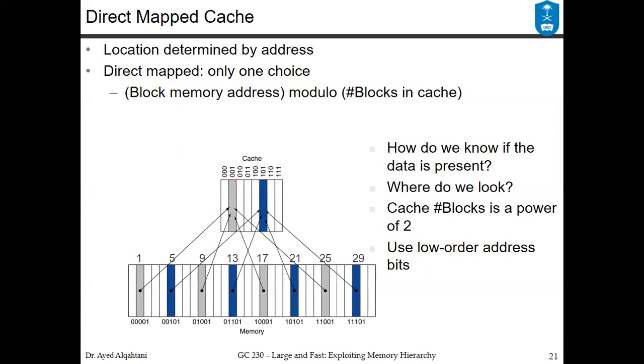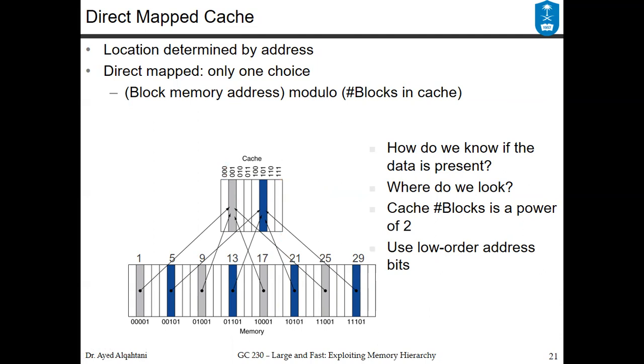If we have a cache with 8 locations from 0 in binary to 7, and we have the memory, which is actually a very small memory, but this is only to understand the idea of the caches, this memory has locations from 0 to 31. So it has 32 locations. So how do the cache and the memory send and receive the data between each other?